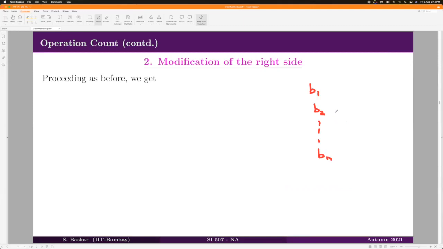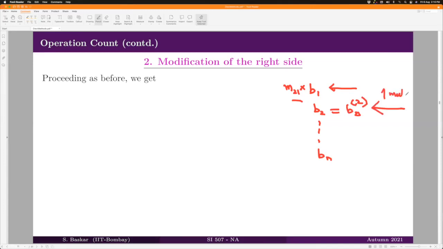to check whether your understanding is correct. Yes, your first equation has no modification, therefore there is no operation involved in it. Whereas in the second one, you have one multiplication, because you will be multiplying m21 with this and then subtracting from this, and that will be equal to b2 superscript 2, right? Therefore, for the second equation, you have one multiplication.